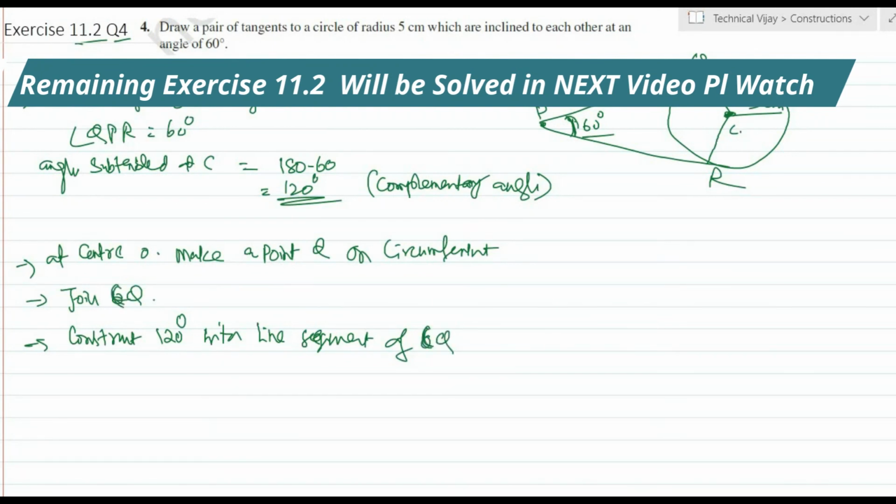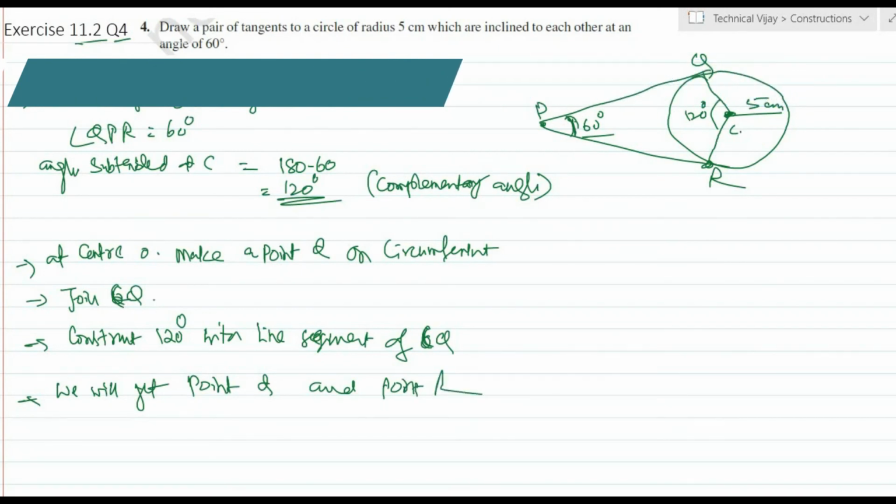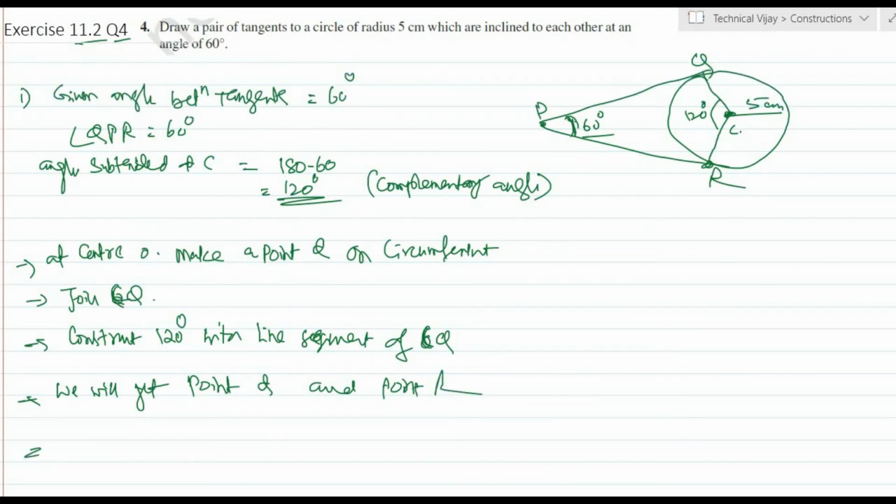So after constructing this 120 degrees, we will get point Q and point R. Okay. From these points, join PQ and PR. So these are the tangents. They are tangents. Okay, thank you.